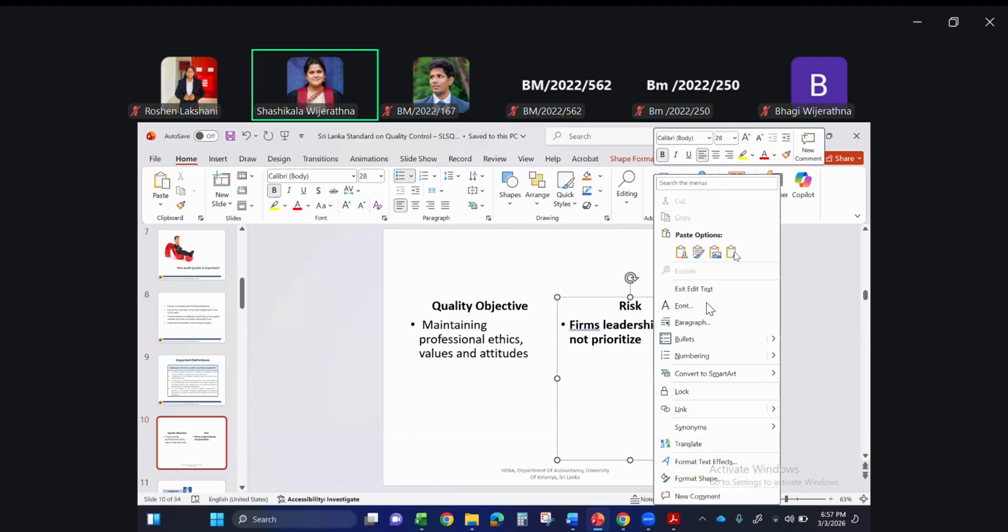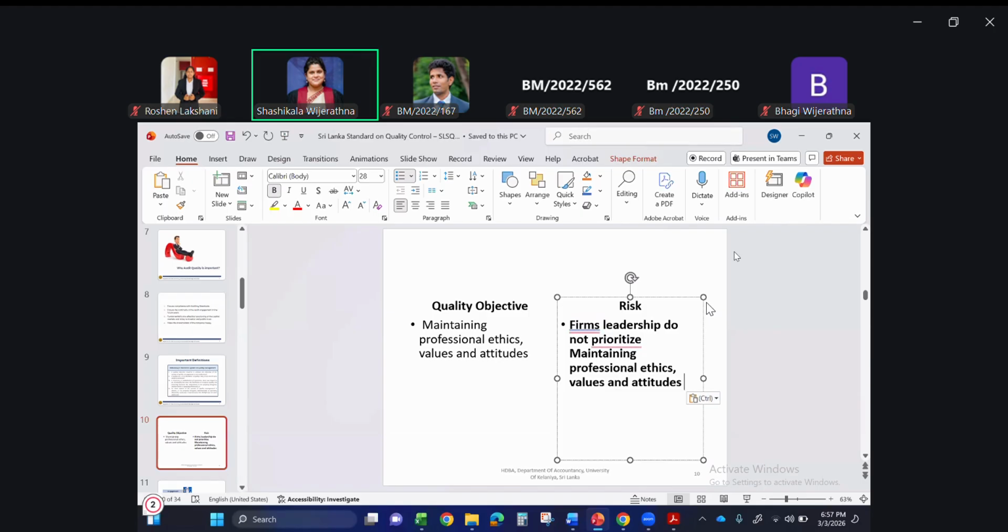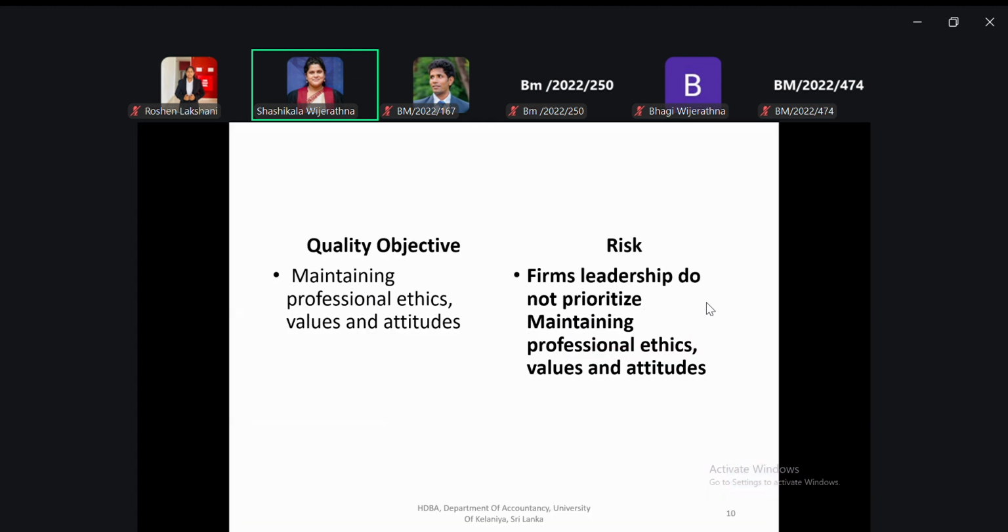We have an objective that the firm should maintain professional ethics, values, and attitudes, but if the leadership does not prioritize it, that prevents us from achieving this quality objective, right?